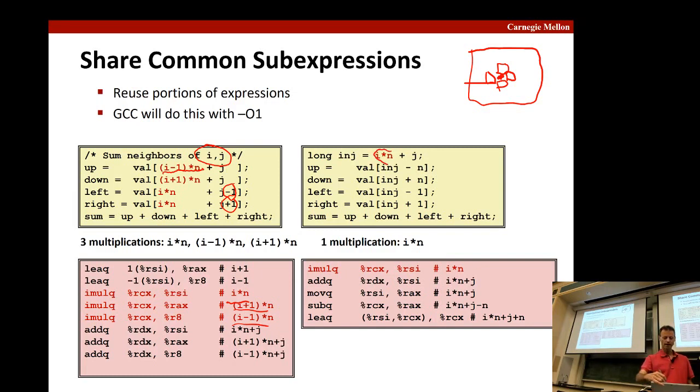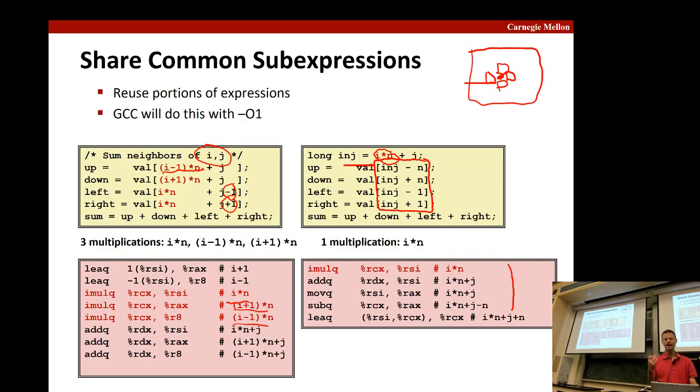If you compute i times n up front, then the relationship between these 4 positions is easily calculated. Whatever that position is, you subtract n to get the up, add n to get the down, subtract 1 to get the left, and add 1 to get the right. If you look at the code that gets generated, you'll see that's the shortcut that's made, and you end up with just 1 multiplication.